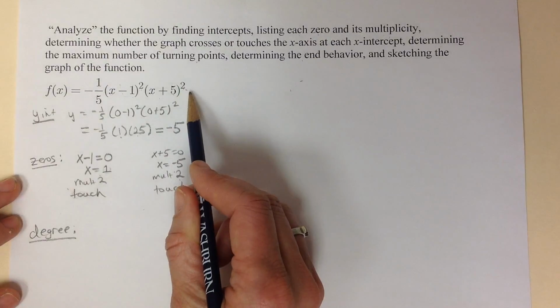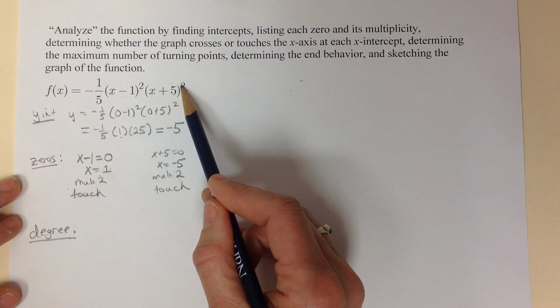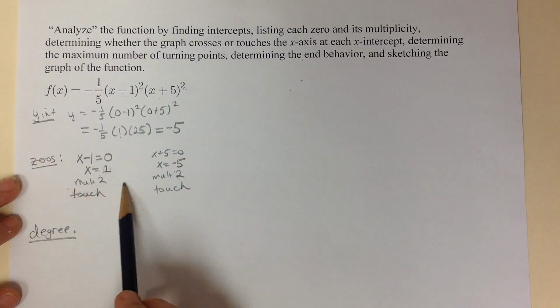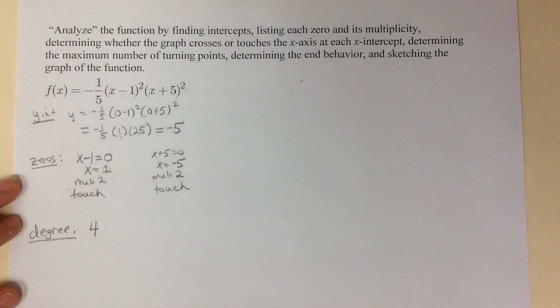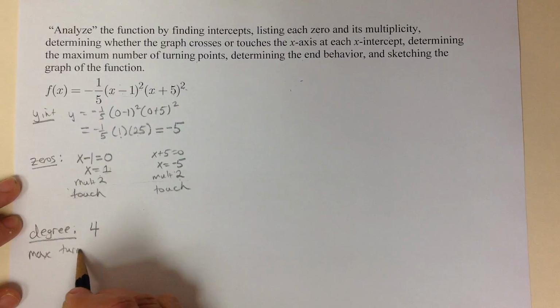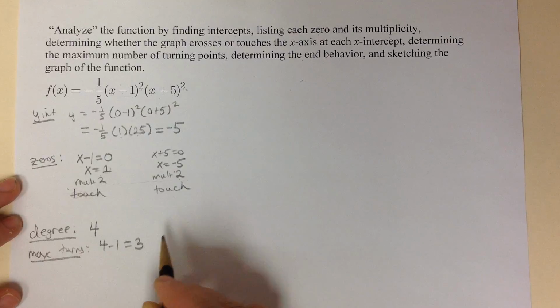You don't have to multiply it all out. If you can look at it and think it's an x squared times an x squared, which would give me x to the 4th, that's fine. The other thing you can do is add your multiplicities. Either way, the degree is going to be 4. So that means the maximum number of turns is 1 less than that, 4 minus 1, which is 3.